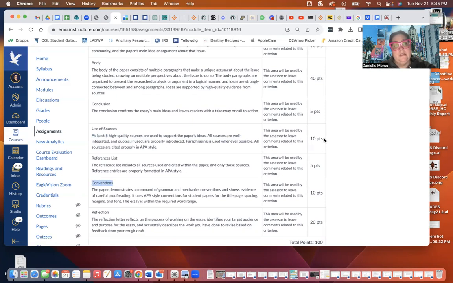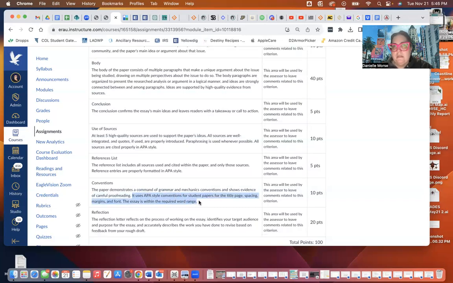Conventions focuses on those lower order concerns, right? A command of grammar and mechanics conventions, and shows evidence of careful proofreading, that you have polish in the editing part of the writing process. And it uses APA style conventions.